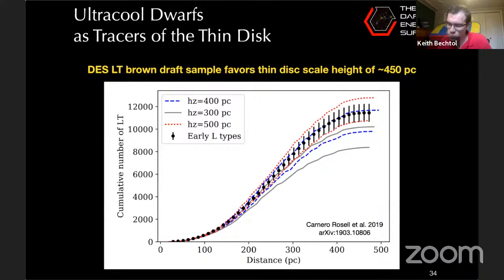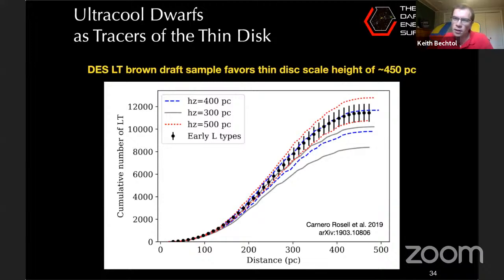It's roughly consistent with what was found in studies with Hyper Suprime-Cam. And there's a little bit of degeneracy in the fitting depending on the ratio of the thin to thick disk. But it's interesting that DES seems to be sampling this population of ultracool dwarfs that maybe extends out a little bit further into the halo and may have a somewhat larger velocity dispersion.